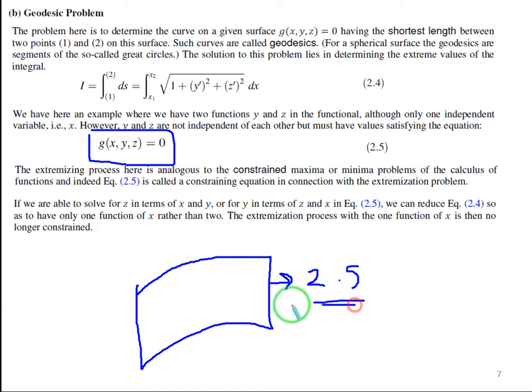We have point 1 and point 2 on this surface, and there are infinite paths from point 1 to point 2. Among these paths, we want to find the path which has minimum length.